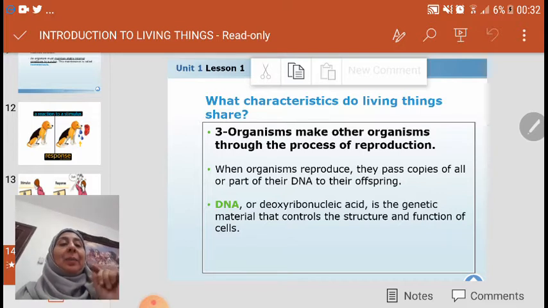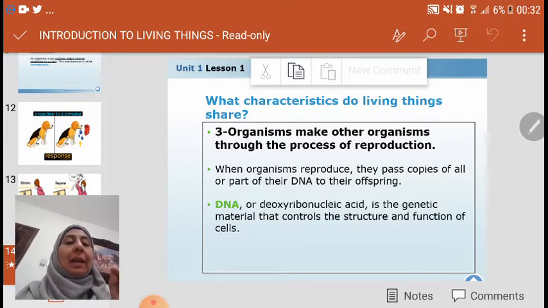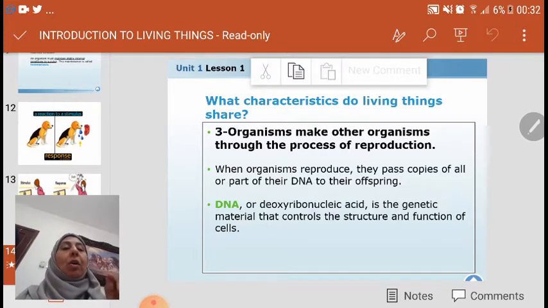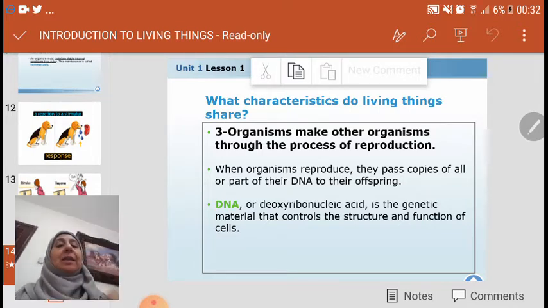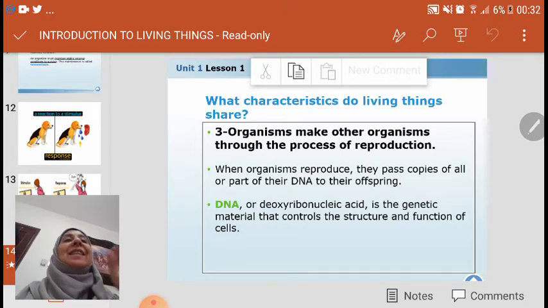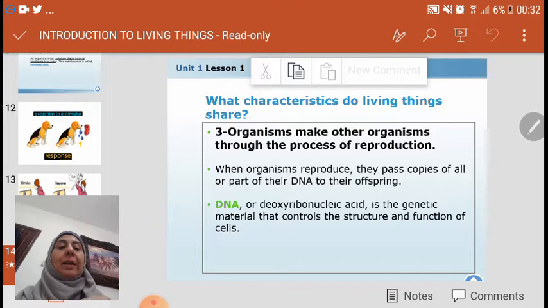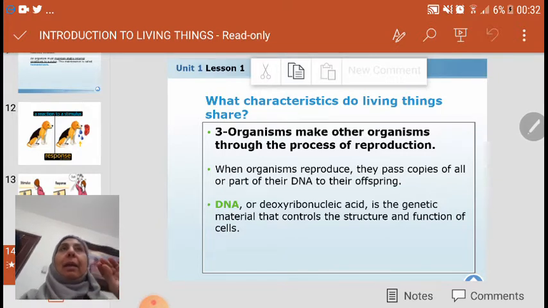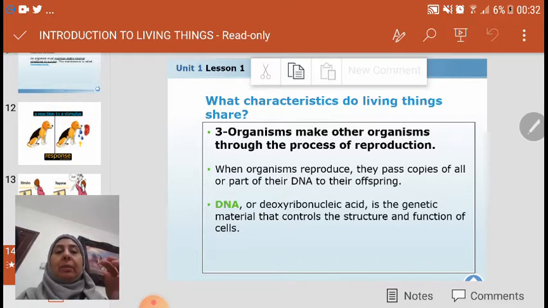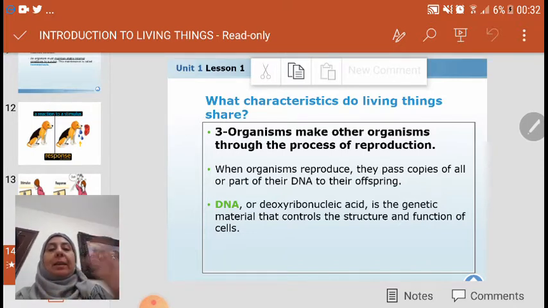It is the genetic material that controls the structure and the function of the cell. The genetic material means the material that is responsible for heredity. Heredity also we'll learn about it later, inshallah. For sure you heard about genes. What are genes? Genes come from the genetic material, from the DNA.